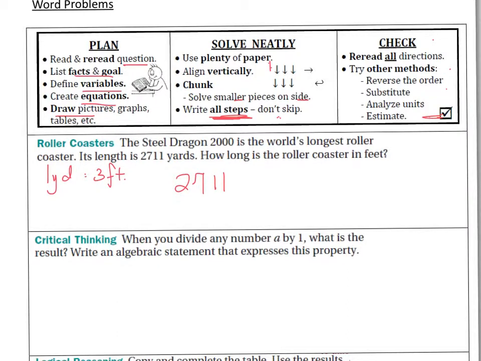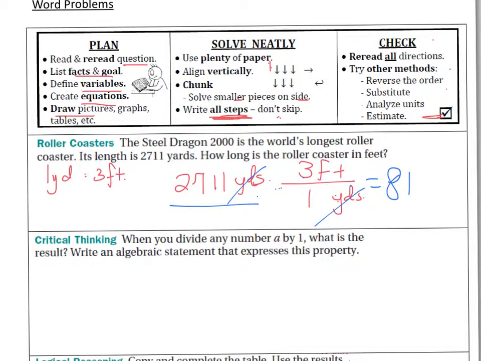So 2,711 yards in feet would be, remember, I want to cancel out yards. I will put 1 here and 3 feet on top. So if you're solving from a big unit to a small unit, you will multiply by 3. So after multiplying this, you would get 8,133 feet.